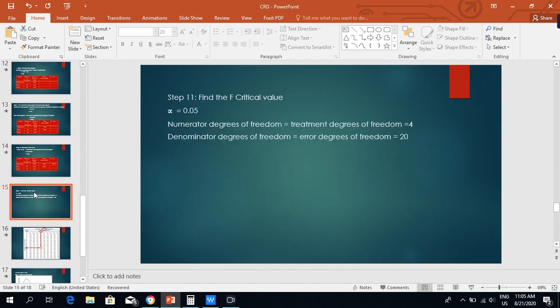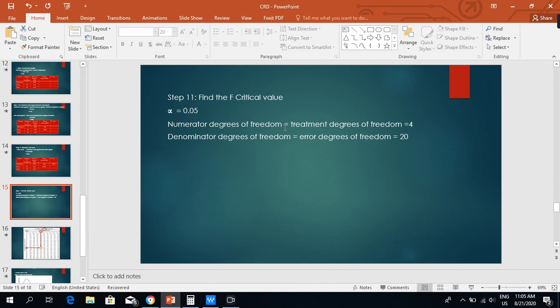Next, we should find out the F critical value, and our alpha value is 0.05. Alpha means level of significance, and here we should use the F table to obtain the F critical value. We always use treatment degrees of freedom as numerator degrees of freedom.